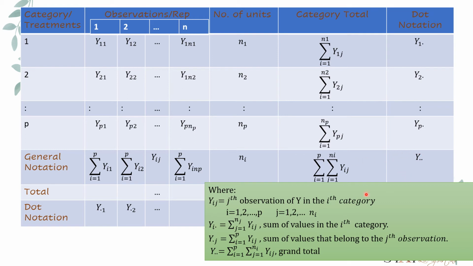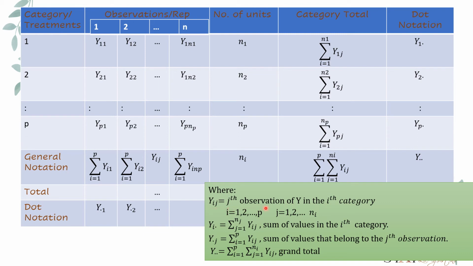Okay, so to give you more background and help you understand it more, here in Yij, the first index is i. It represents the category number, and j is the number of the observation in the ith category.